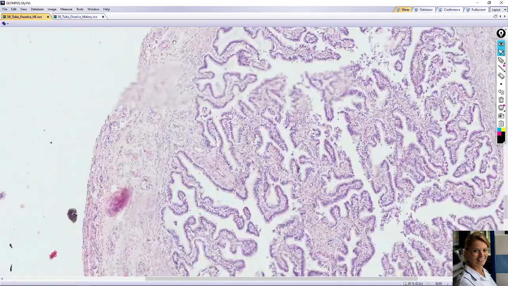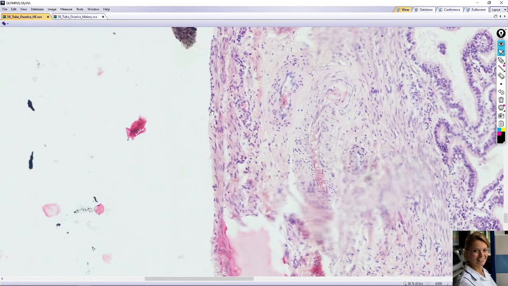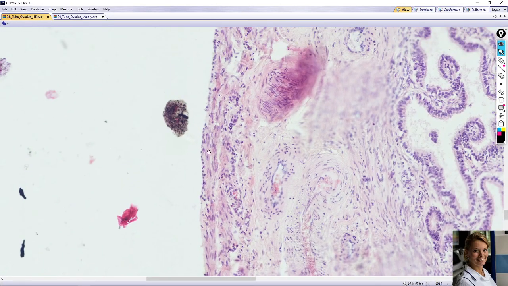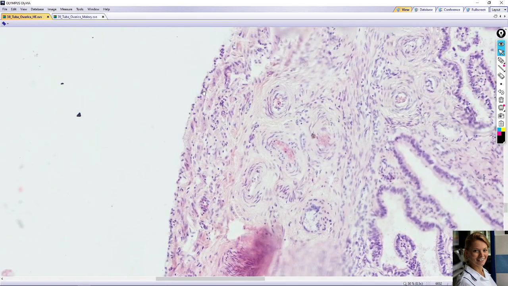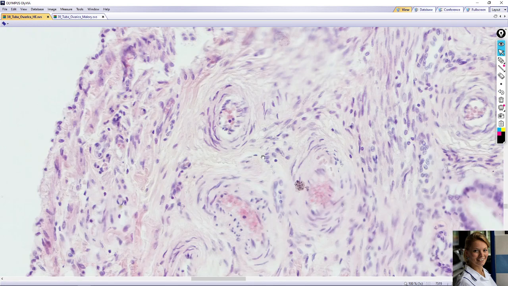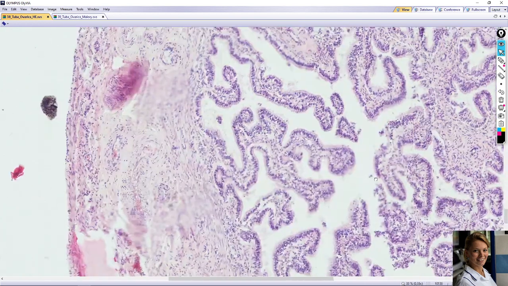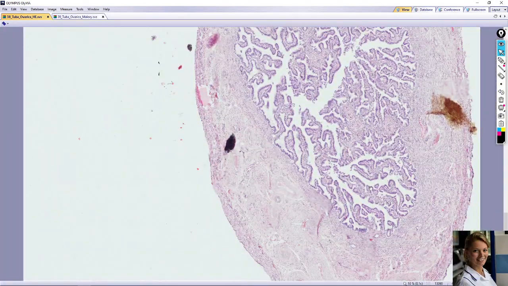Here you can see a layer of connective tissue with a single layer of squamous cells. This is the serosa, connective tissue with one layer of squamous cells. So this is the uterine tube in hematoxylin eosin.